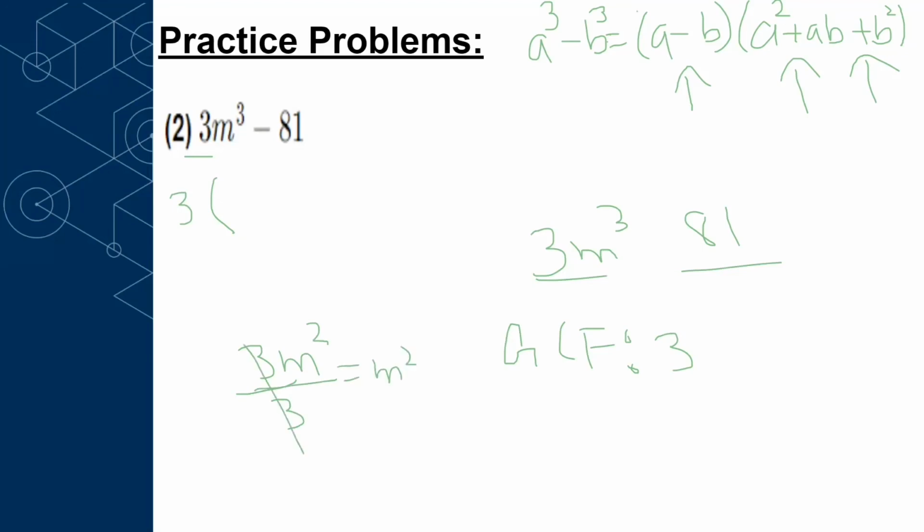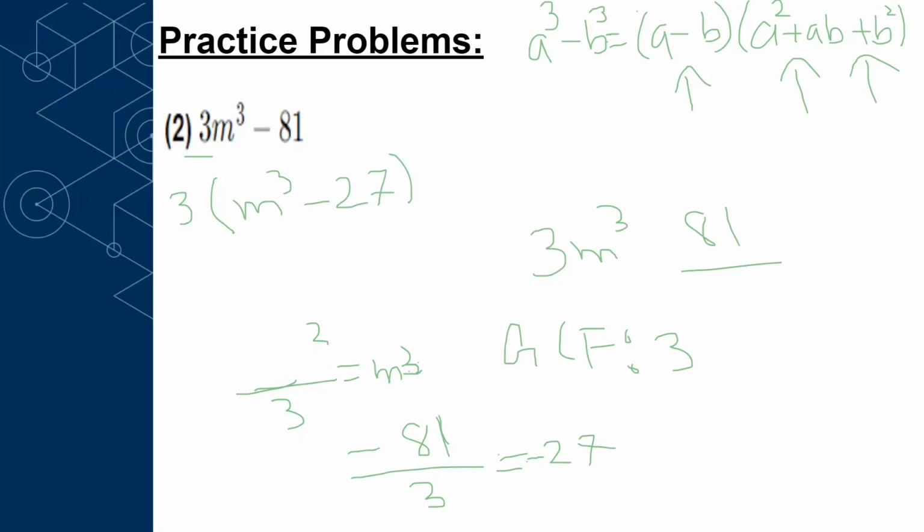It's just m cubed. Negative 81 divided by 3 gives you negative 27. Yeah?